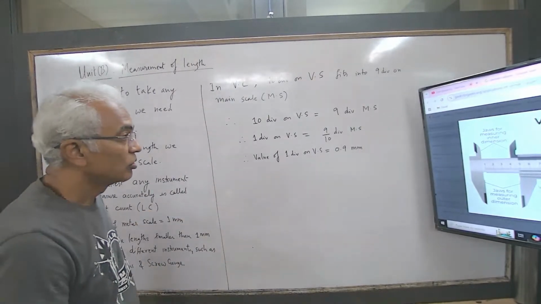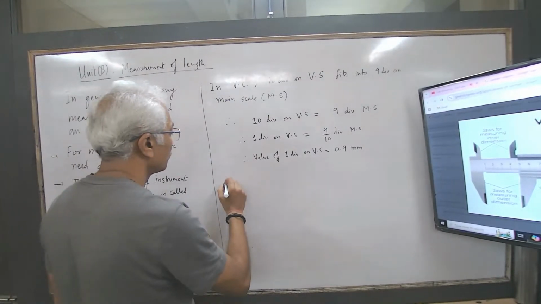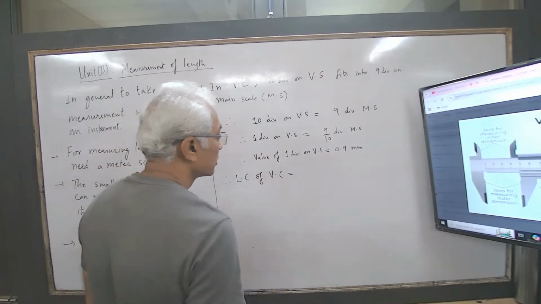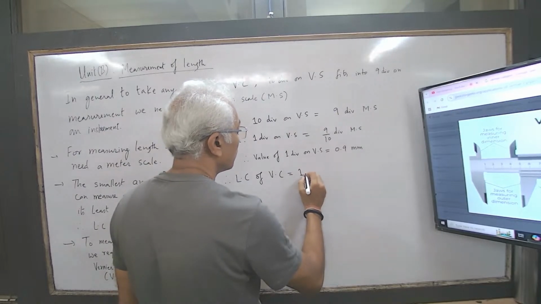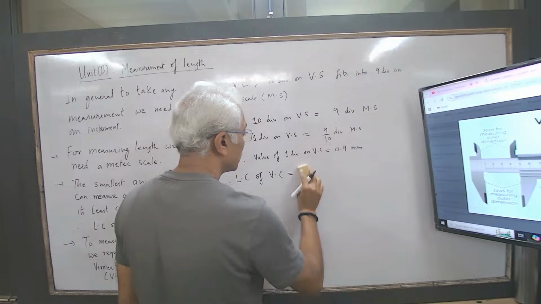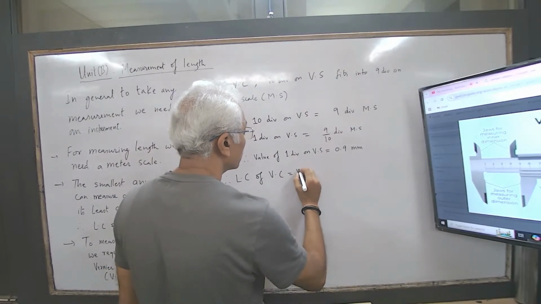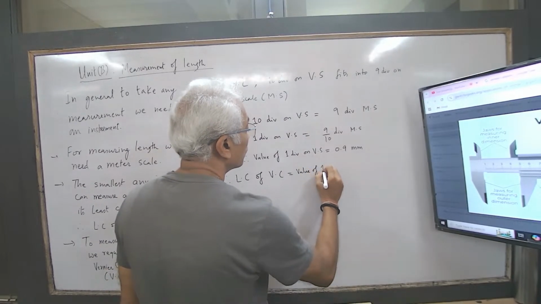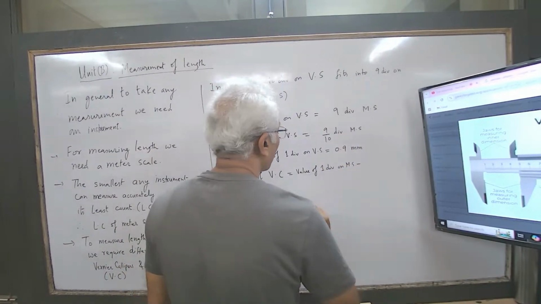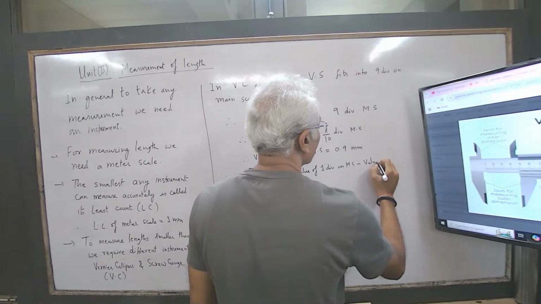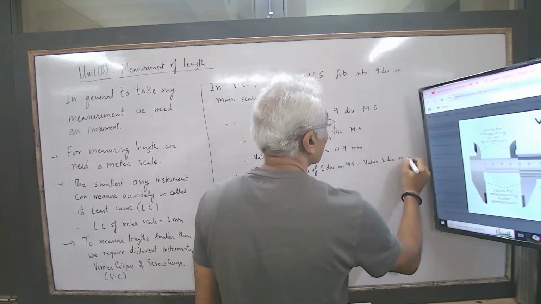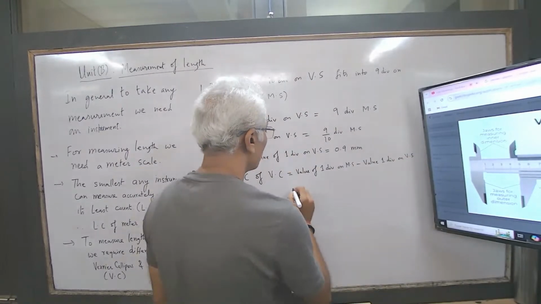Okay. So how do we calculate least count? Therefore least count of vernier calipers is given as the difference between the value of one division on main scale minus the value of one division on vernier scale. Okay, so what is one division on main scale?